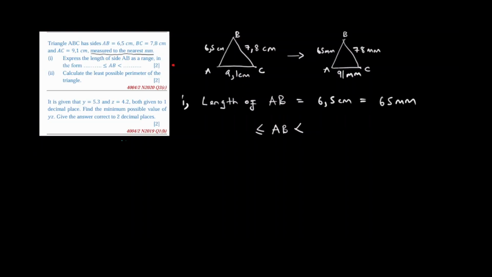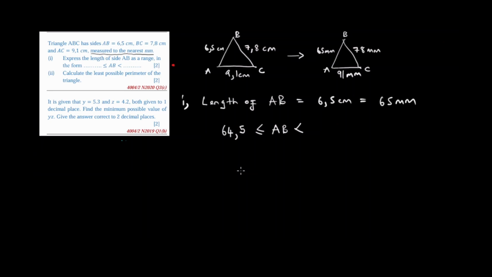So what is going to be the lowest possible value which, when we convert that value to the nearest millimeter, to the nearest unit, gives 65? So the value should start from 64, because it rounds up to 65. Do you see? So the lowest value should be 64, but it is actually 64.5. So AB is greater than or equal to 64.5.